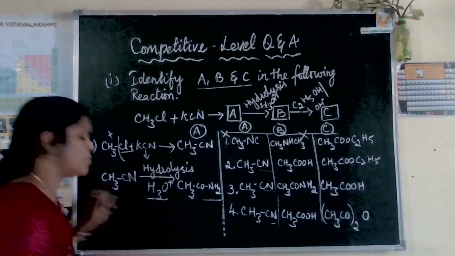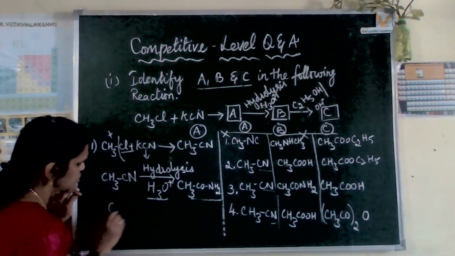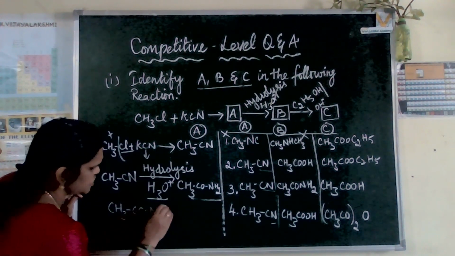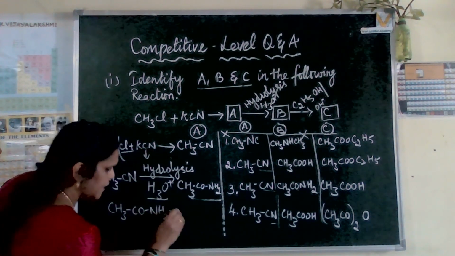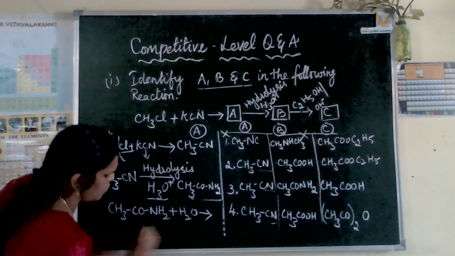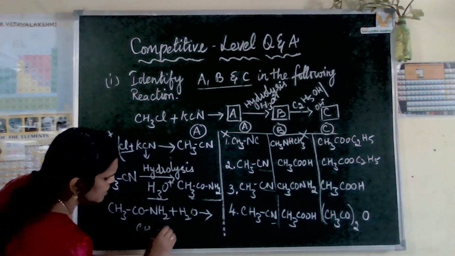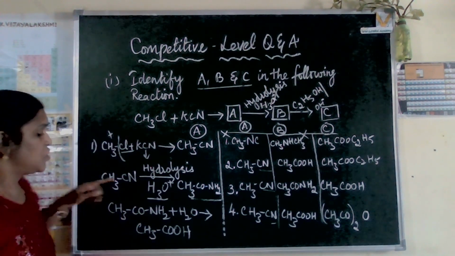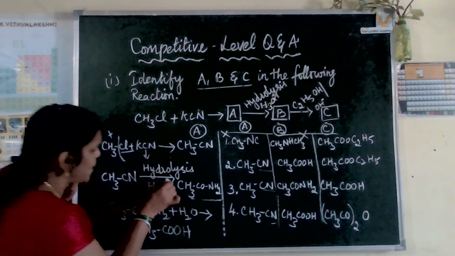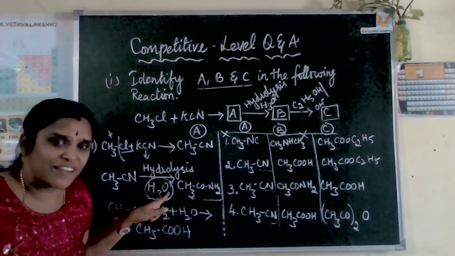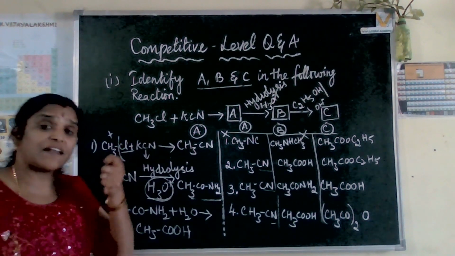Hydronium ion means it reacts with water one more time. So CH3CONH2 reacts again with one more water, and you get CH3COOH, acetic acid. So this is actually two reactions. That is why they purposely gave hydronium ion. This is the key point, so you should think of it that way.